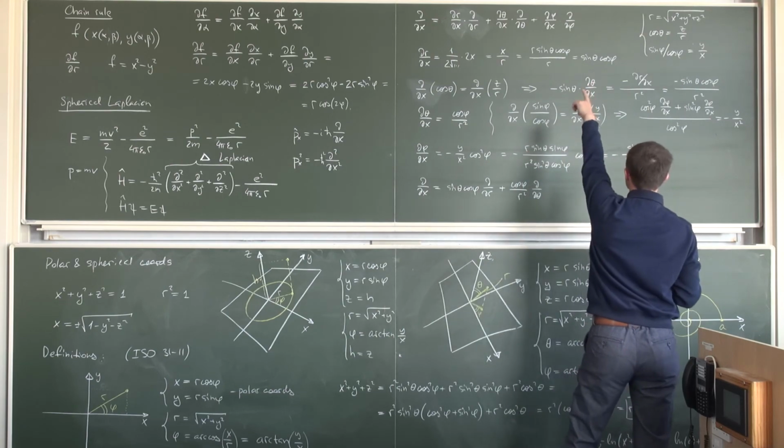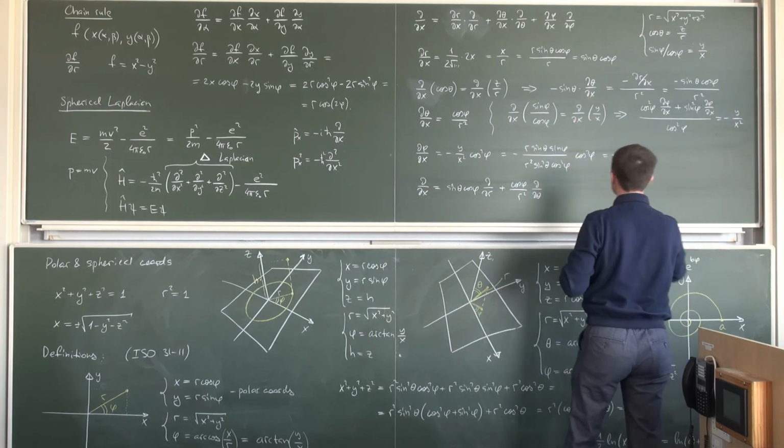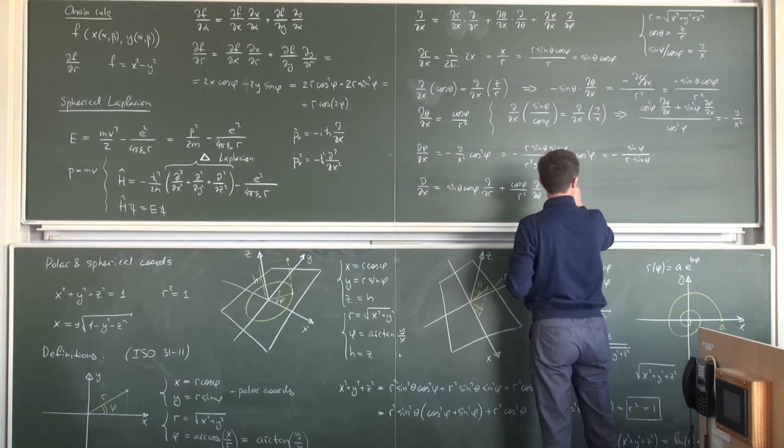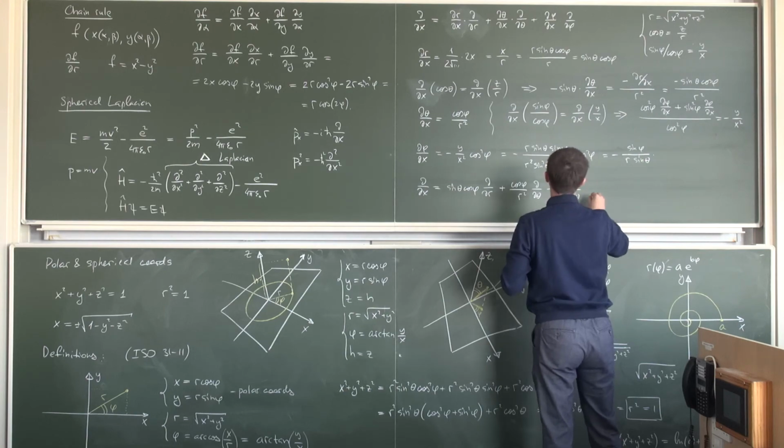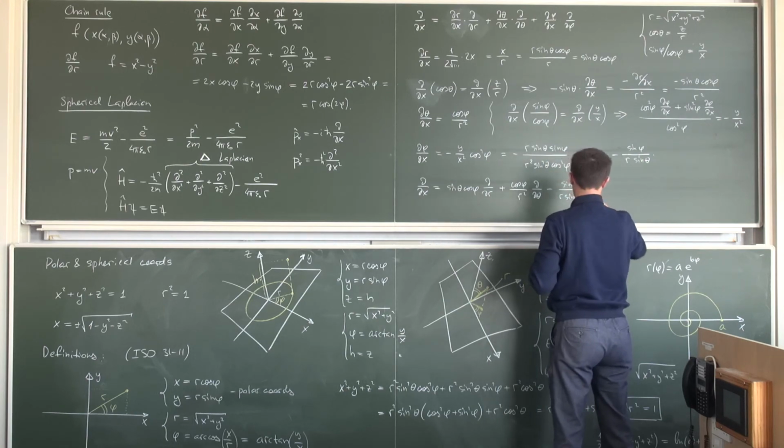And finally d phi by dx, that is an actual minus, minus sine phi over r sine theta d by d phi.